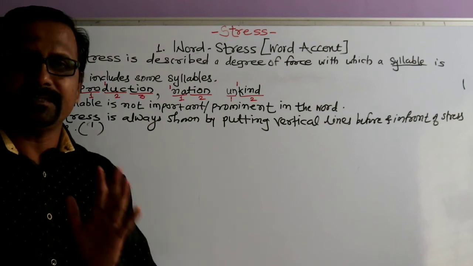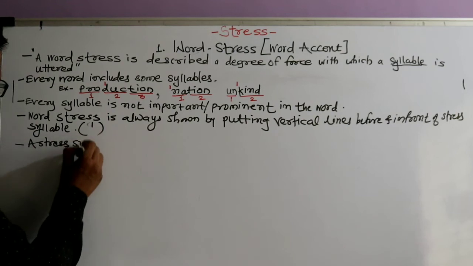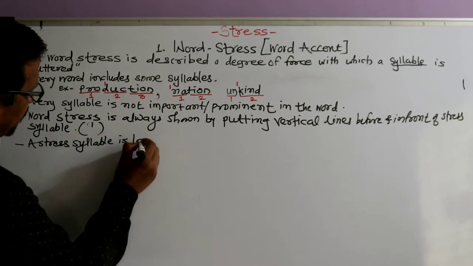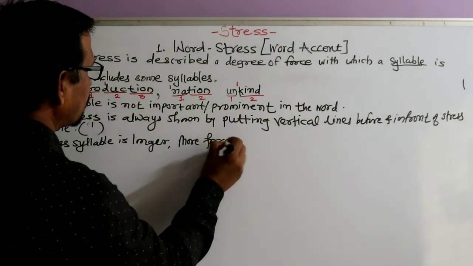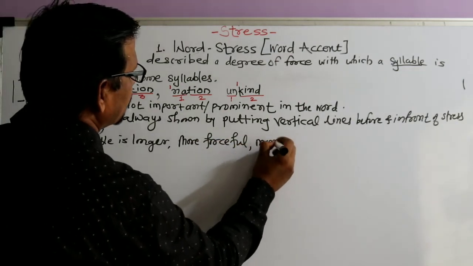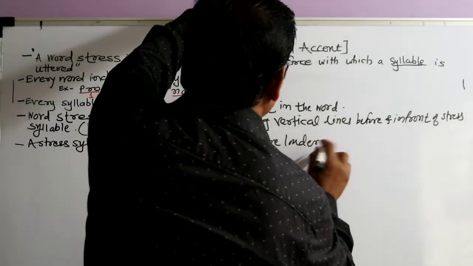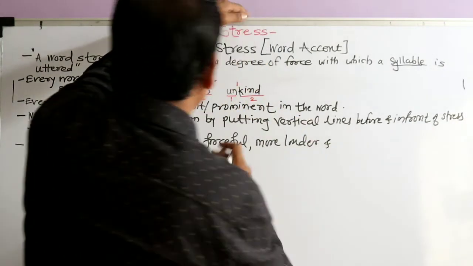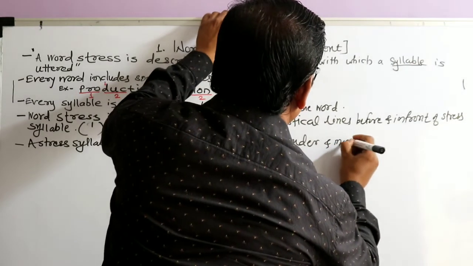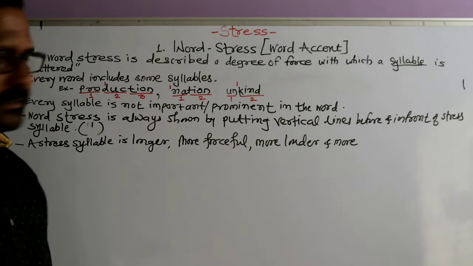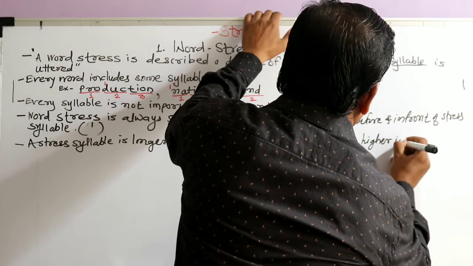A traced syllable is longer, more forceful, louder, and higher in pitch.